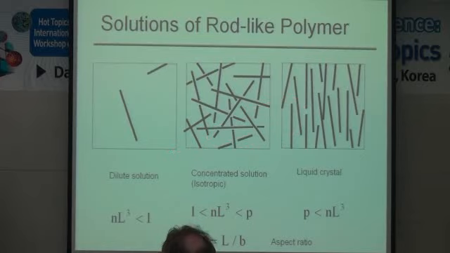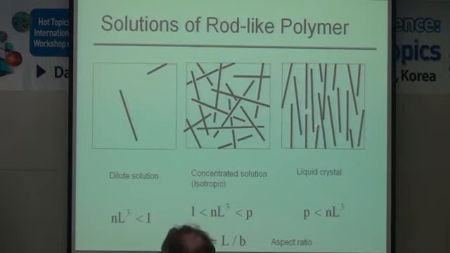If one molecule tends to rotate, it hits the others, and therefore the rotational relaxation takes place very slowly. This is still an isotropic solution, but the behavior is quite different from that of dilute solutions. And if you further increase the concentration, you will have the liquid crystals.